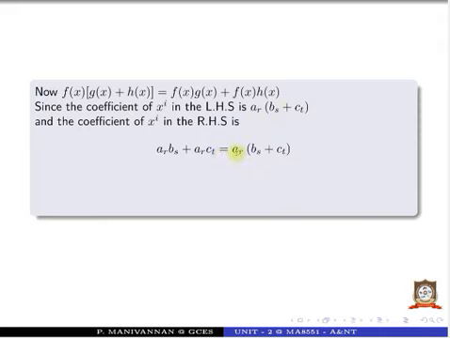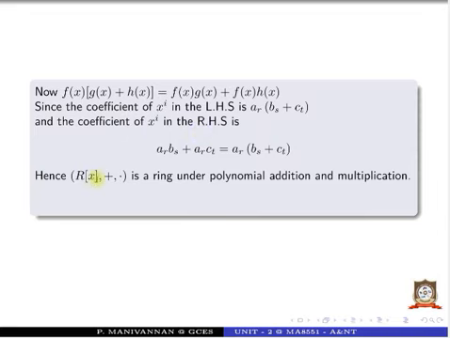It is also ar into bs plus ct. Hence, R of x comma plus comma dot is a ring under polynomial addition and multiplication.